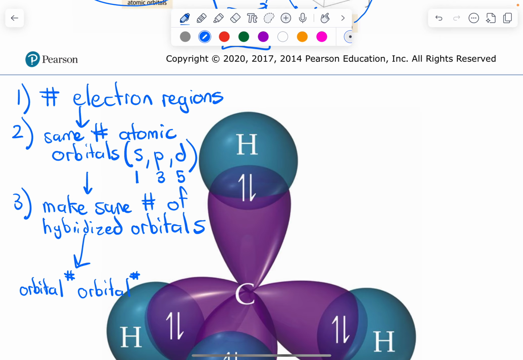Maybe I should use a different designation here, because it's not the same number as what you found in 1 and 2. Well, let's just do examples. I think it'll be easier. But you're going to name this like S if there's 1 S mixed in, P3 if there's 3 P's mixed in. Maybe it would be like SP2 if you only mixed in 1 S and 2 P's. It'll make more sense when we do some practice problems.